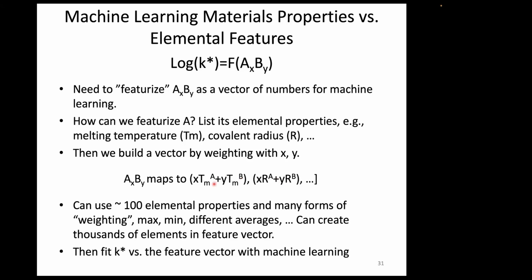I can take compositional averages, I can take maximum, I can take minimum in the alloy, I can take differences, and you can create easily a vector of features that depend on the elemental properties that's 1,000 elements long. And that vector can then be fed into many kinds of machine learning models. In fact, I was just talking with Taylor at the beginning about a new model that he's developed that seems to give really extraordinary performance based on these types of elemental features.